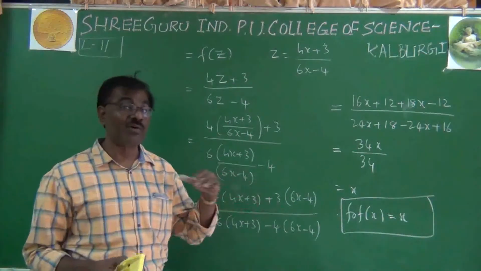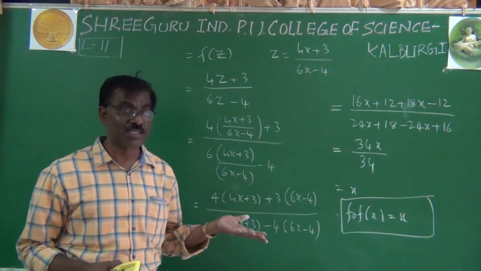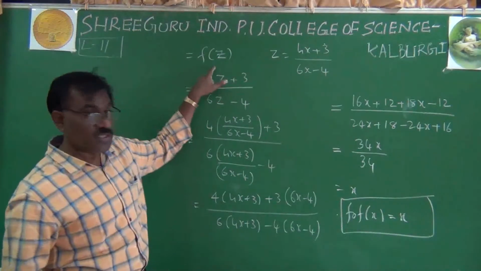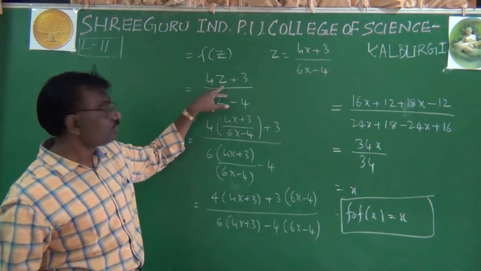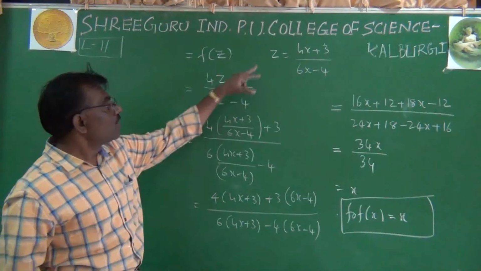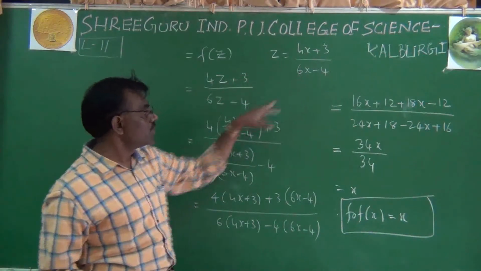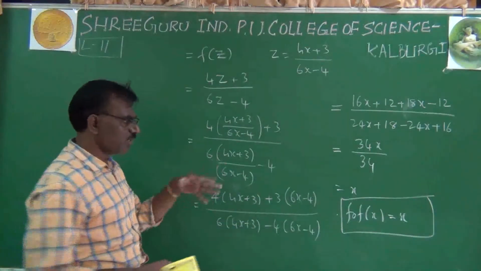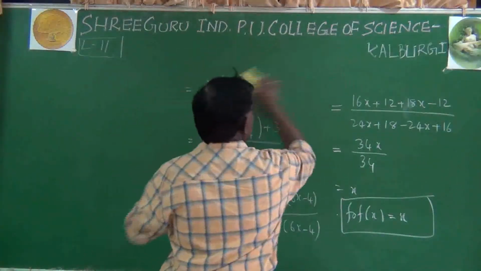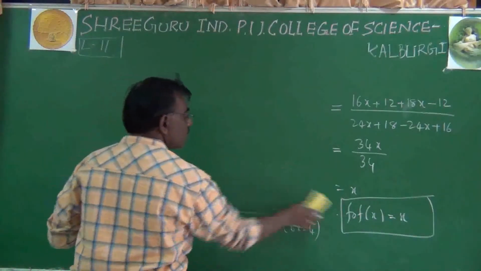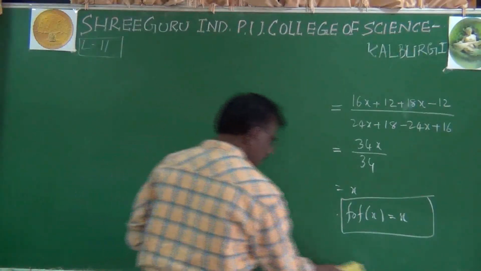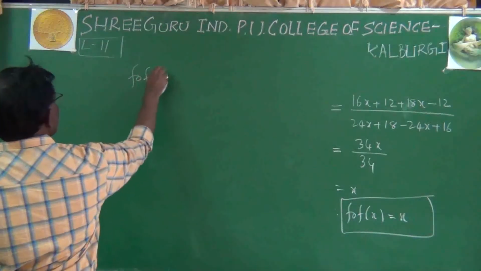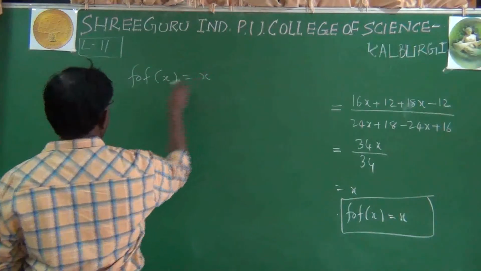Taking first that z only, f of z, substituting x as z, 4z plus 3 by 6z minus 4, and z is 4x plus 3 by 6x minus 4. Simplify this, and finally you will get x only. So what is it called? Identity function. So f composition f of x equals x.